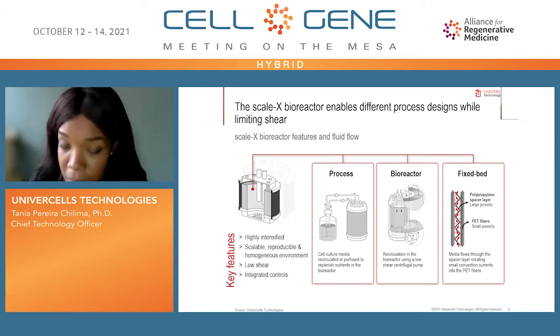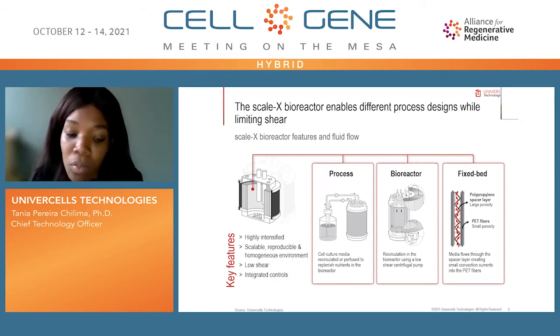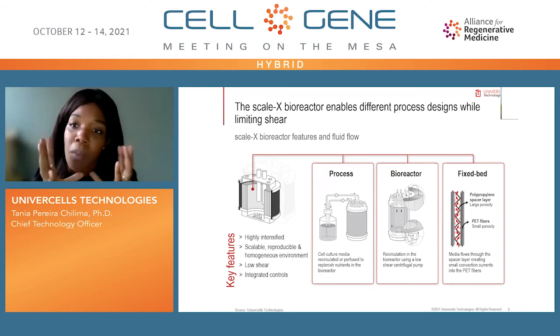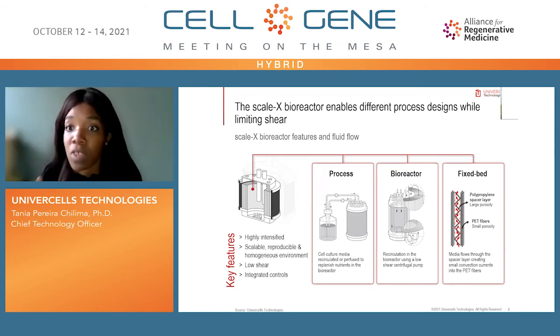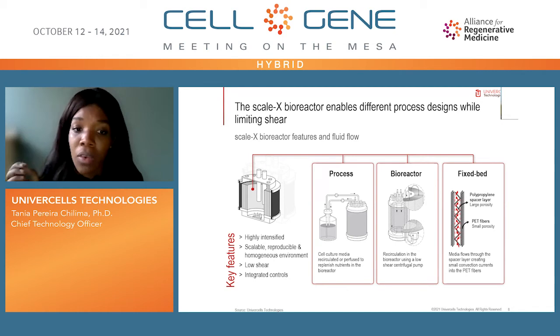So during the process, we basically decouple the environment where the cells are from the large volume of media needed to feed the cells. So what we do is that during the process, we either recirculate the media in and out of the bioreactor or perfuse the media in and out of the bioreactor.